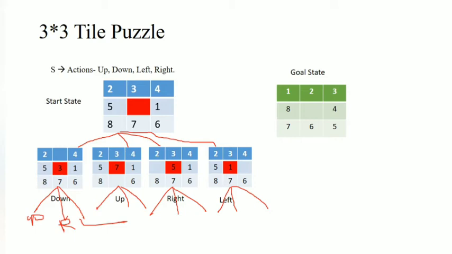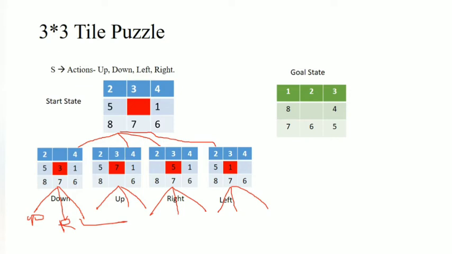These states are called the resultant of S comma A. I hope it is clear. From the start state, you can see there are 4 resultant states that can be generated.